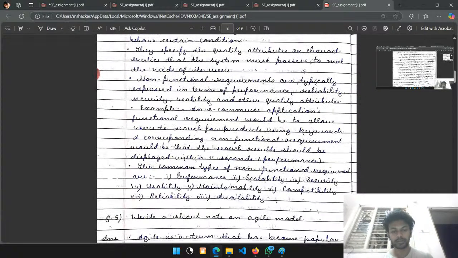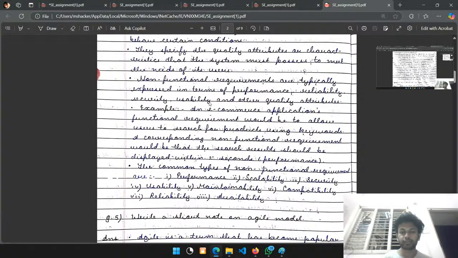The common types of non-functional requirements are performance, scalability, security, stability, maintainability.